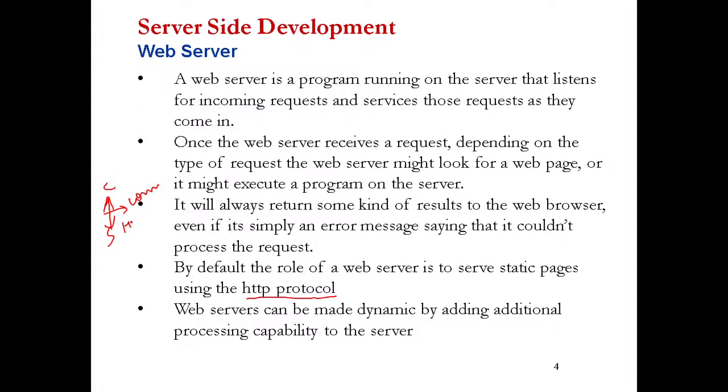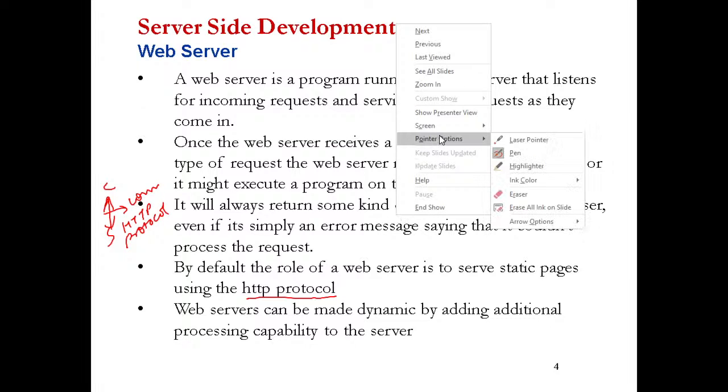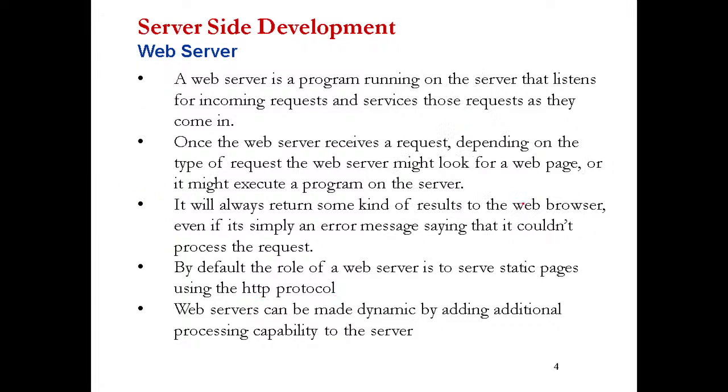That is the HTTP protocol between the client and server. Web servers can be made dynamic by adding additional processing capability to the servers. By default, web servers are static, but we can make them dynamic by putting some special functionality into them.